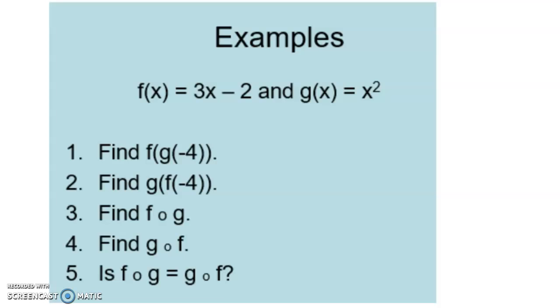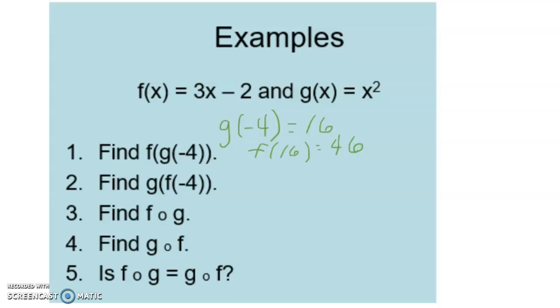Here's two more functions for f and g. First one, you're plugging in a number, so you can set up your function for f of g of -4, or you can just do g of -4, which would be 16, and then do f of 16, which would be 3 times 16 is 48, so 46.